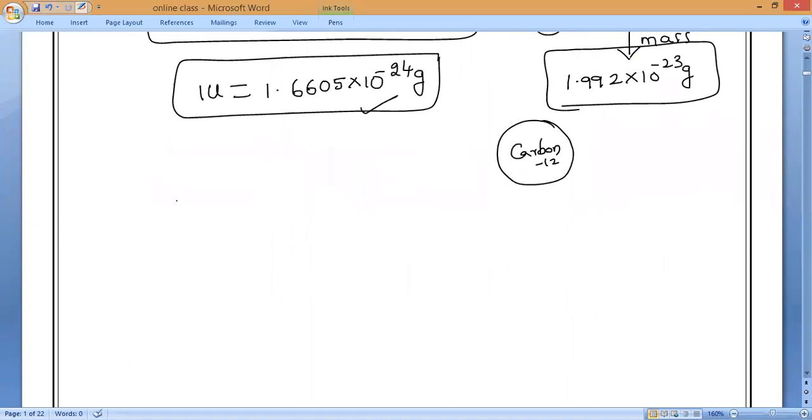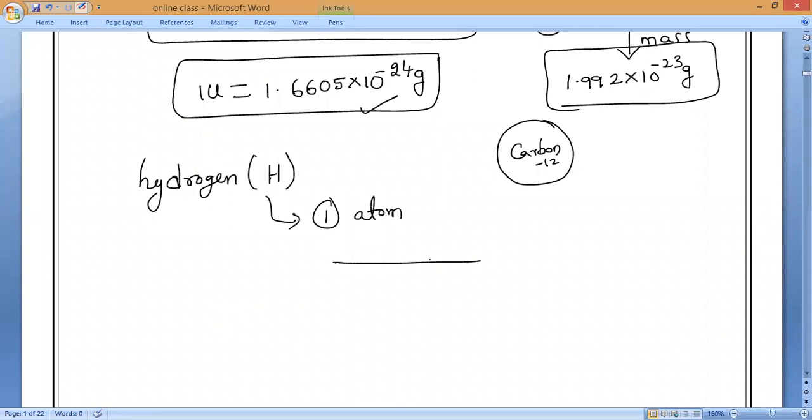Now, if we take hydrogen, how is the hydrogen atomic mass 1? Do you all know the hydrogen symbol? Hydrogen, H. Now, if we take one hydrogen atom and start comparing with 1/12 of carbon-12, like on a beam balance, I keep one hydrogen atom on one side.